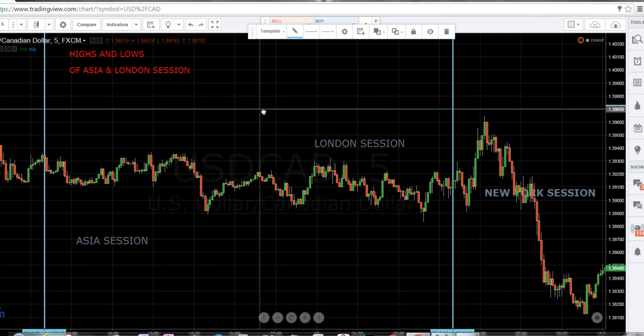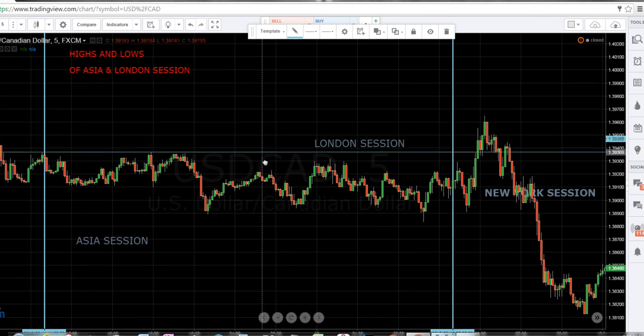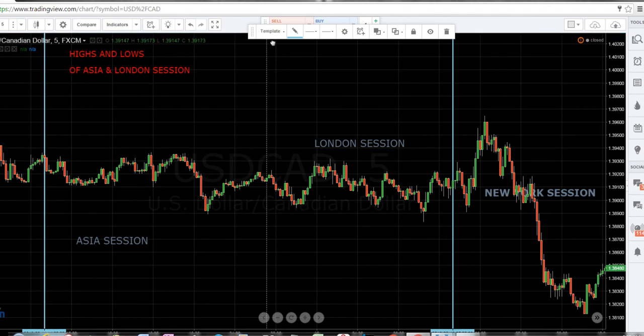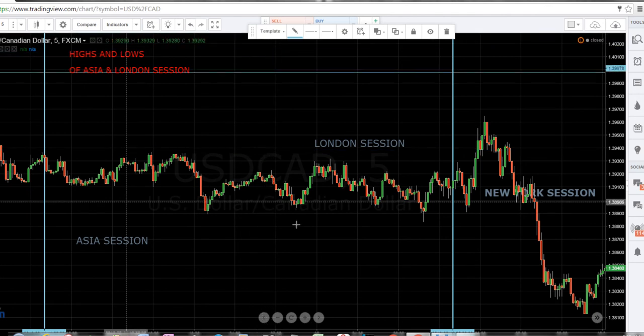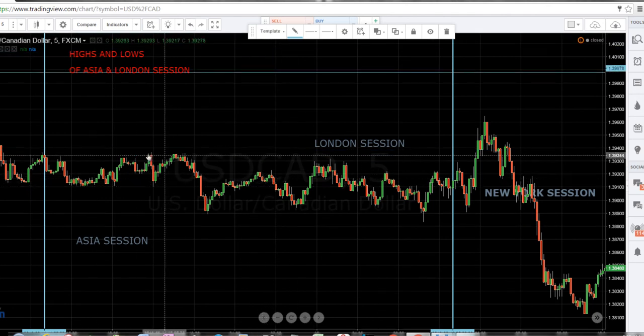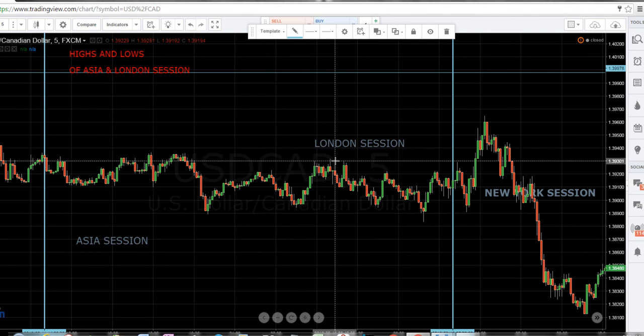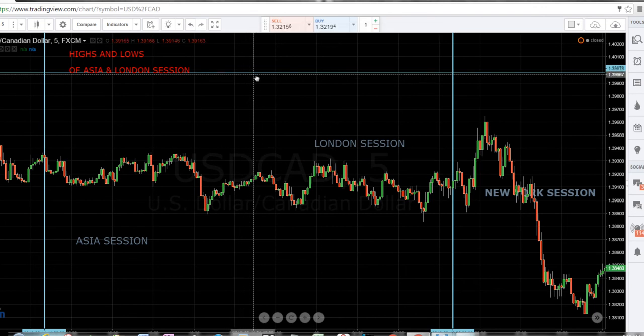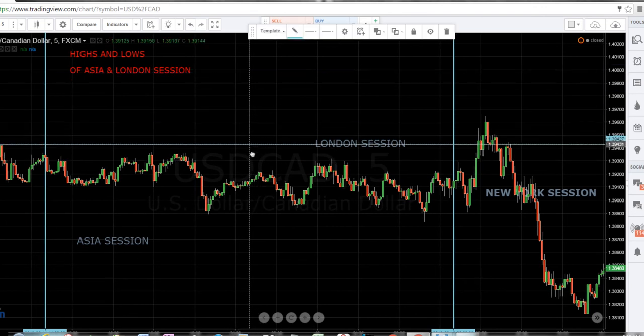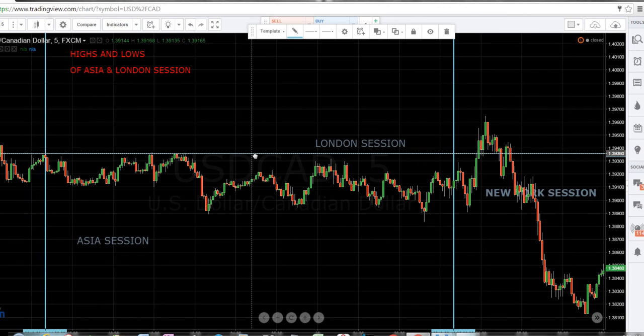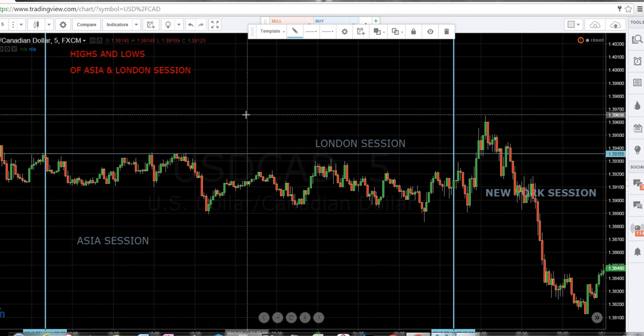And let's say I want to go ahead and draw the highest high. So according to this chart right here, the highest high would be this, right? Because this high is higher than this high. So what I'm going to do is drop this horizontal line right here, because that is the highest high.